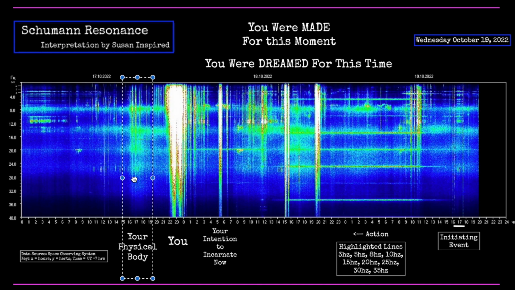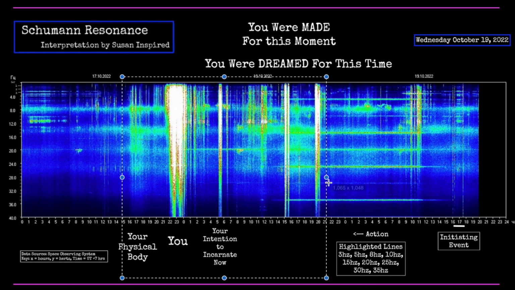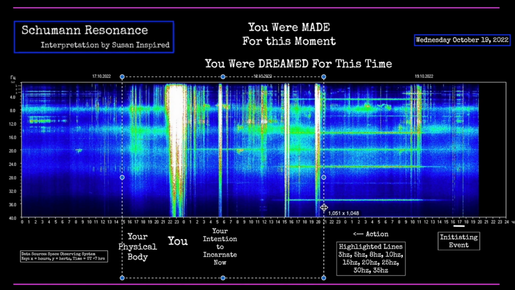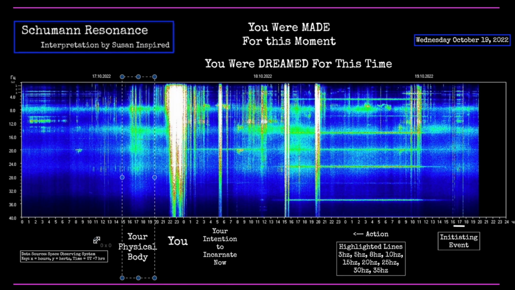And from here, having incarnated through these mechanisms, the entire mechanism of incarnation is: initiating event, travel to get here, go through the gateway, avoid the dangers of 4D and the astral, intend to plant yourself here, come in as a soul, embody. That is what you did. That is what we did.